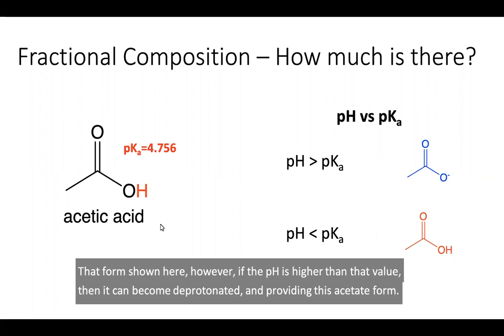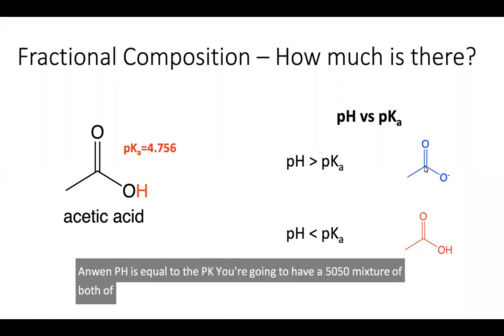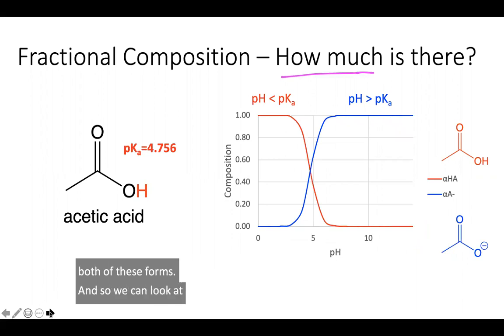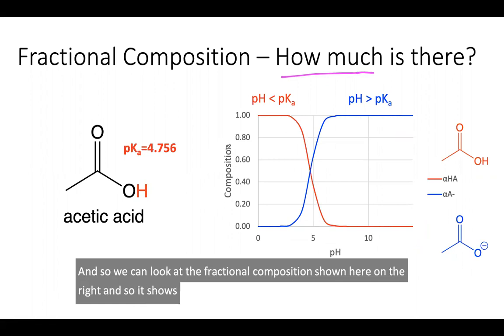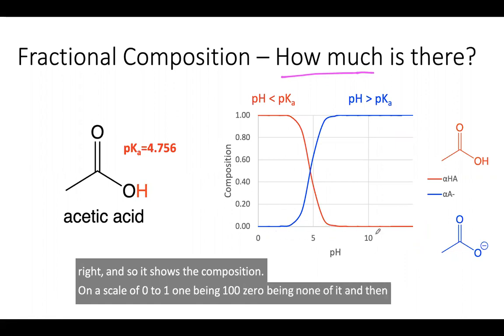And when the pH is equal to the pKa, you're going to have a 50-50 mixture of both of these forms. And so we can look at the fractional composition shown here on the right. It shows the composition on a scale of 0 to 1, 1 being 100%, 0 being none of it, and then the pH along the bottom.